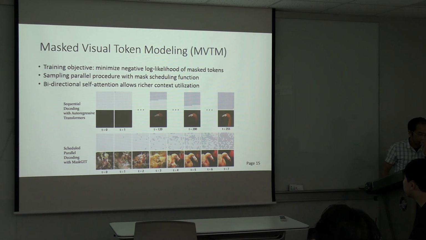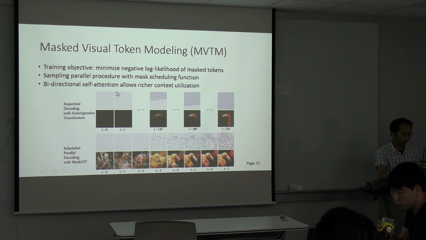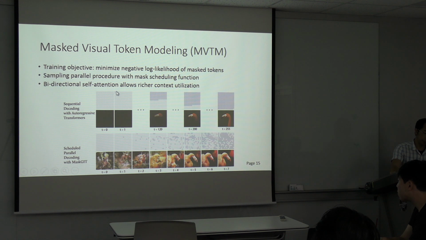And this is during inference. Here we compare two methods. The first is autoregressive decoding, and the second is the parallel decoding of this paper. With the previous approach, we infer with autoregressive decoding. For example, in the first step, every token is masked.